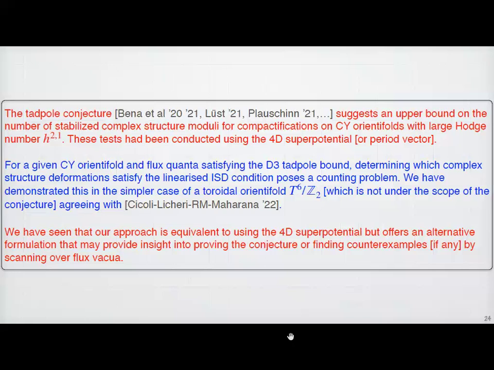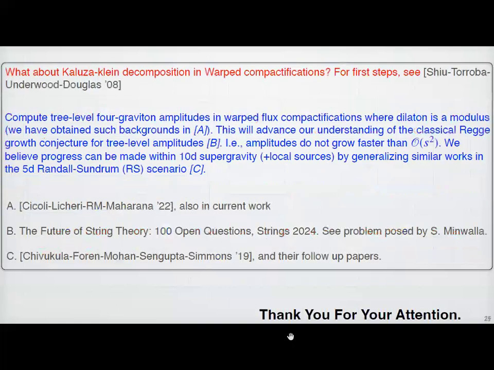I should say that the conifold, because it does not have large h21, is not under the scope of the conjecture, but at least the counting problem is explained. In principle, we can attack this problem using our approach. From the linearized condition approach, we have seen that our approach is equivalent to using the 4D superpotential, but it is an alternative, so it may give some insight to prove or disprove the conjecture.